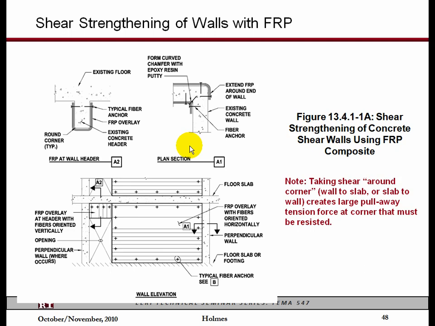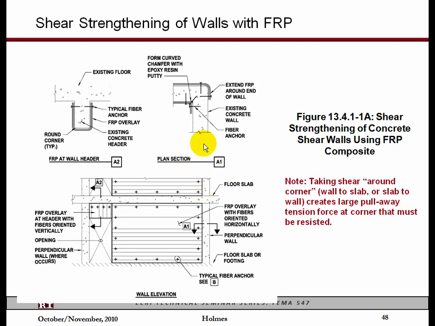For example, if you have a wall that you are enhancing with this material and you come to a slab and you want to transfer the load from the wall into the slab, so you just wrap it around the corner. This material is basically working in diagonal tension. So if you think about diagonal tension in the wall and diagonal tension in the horizontal slab, and you pull on both of those things, that material is going to pull away from the wall.